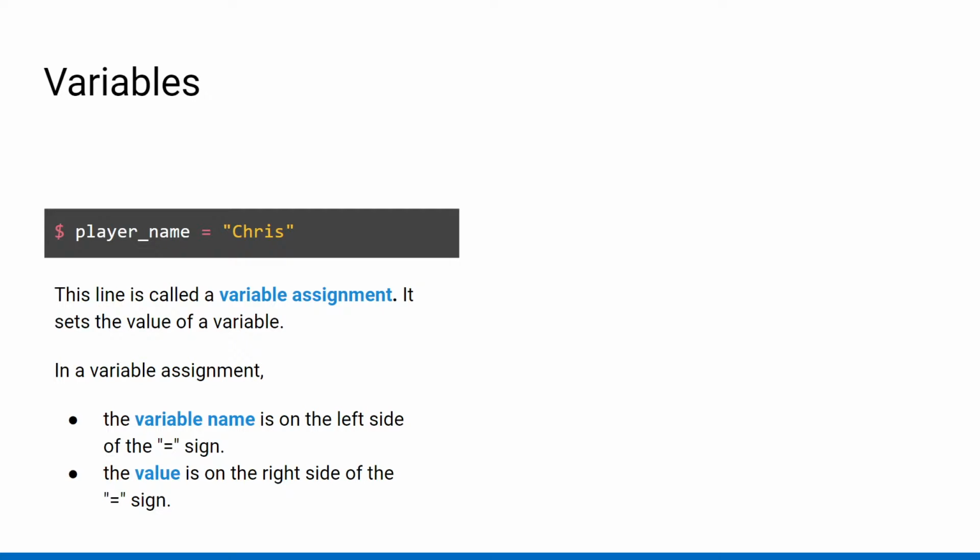Sometimes you want to just declare it first and not set anything. So in RenPy, you would use the keyword define, and then a space, then your variable name.